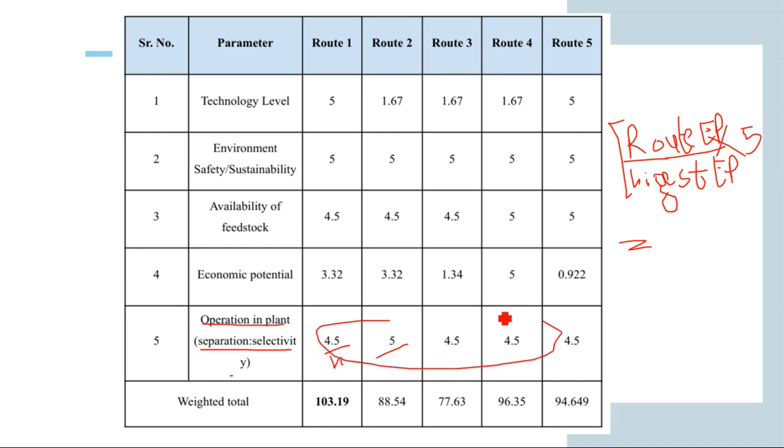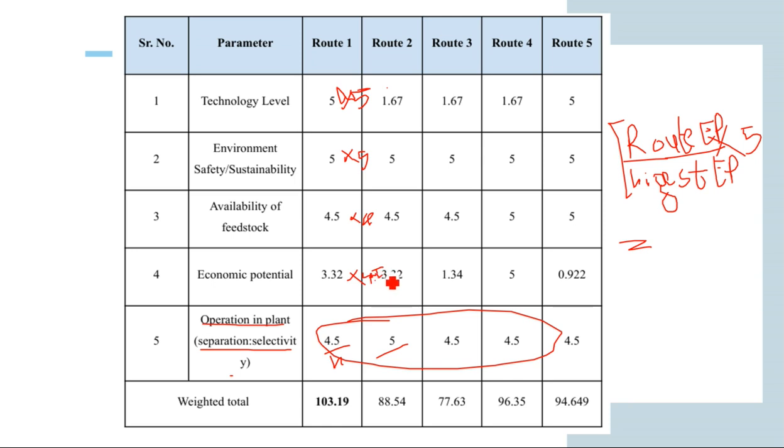So you will get these numbers. Once you get these numbers, multiply them by their respective weightages. Let's say 5 for technological level and 5 for environmental, because I give preference 5 for these two, 4.5 for this one, and similarly 4.5 for this one.